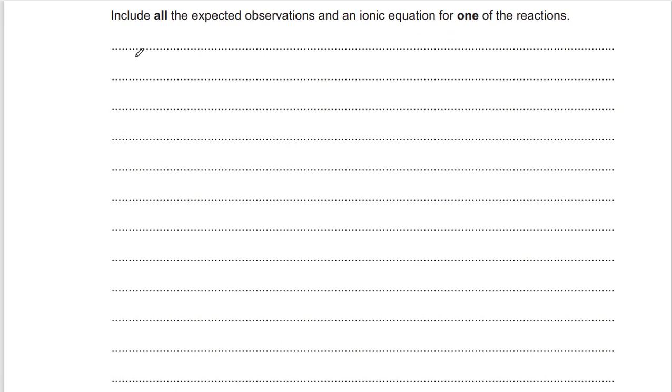For the first mark, all you're going to have to write is, mix halogens with halide solutions. That's enough to get you 1 mark because that's what you'll have to do. Now, what you'll actually get then. There's 3 reactions that are going to give you results. You can use your own knowledge here. Don't be afraid.